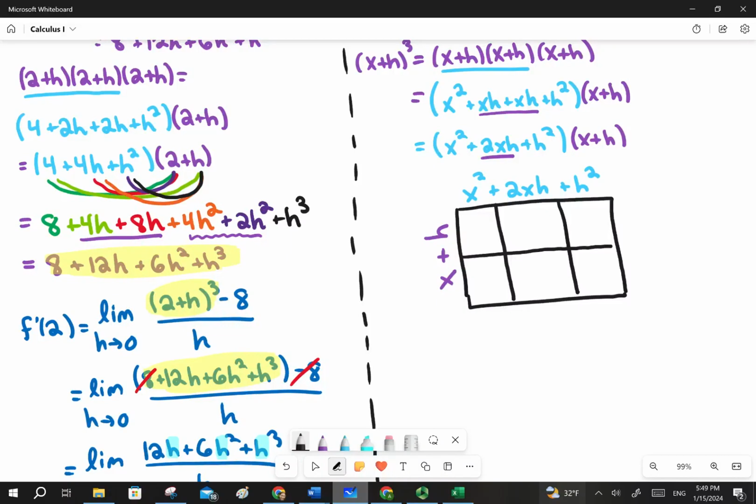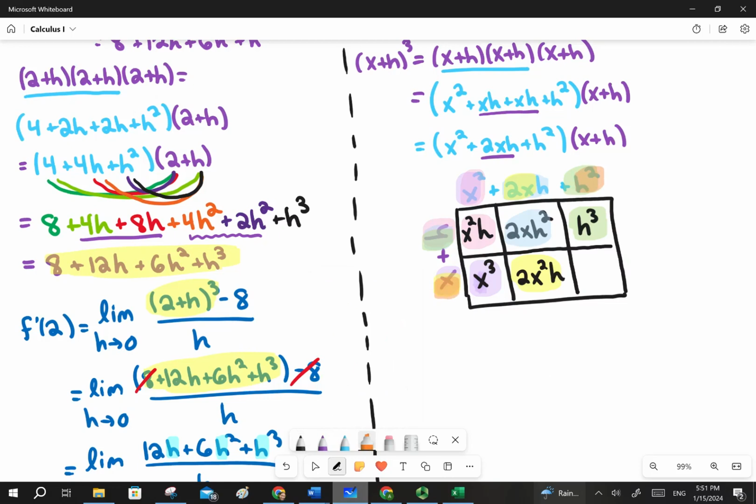Each of the 6 pieces corresponds to a specific pair of one term from the top trinomial times one term from the binomial. Multiplying all of these 6 pairs, we get h times x squared is x squared h. h times 2xh is 2xh squared. h times h squared is h cubed. x times x squared is x cubed. x times 2xh is 2x squared h.